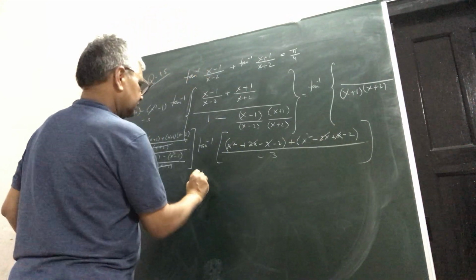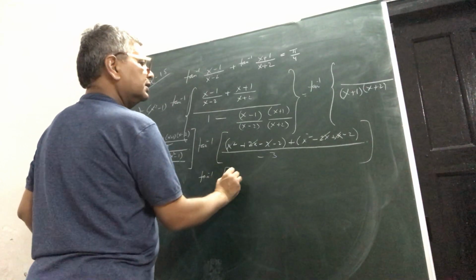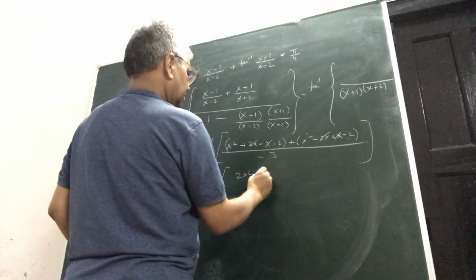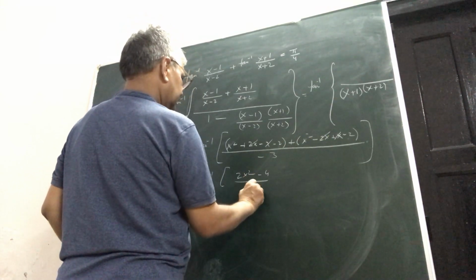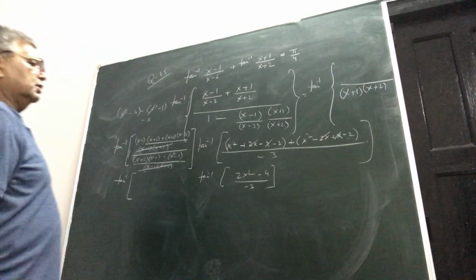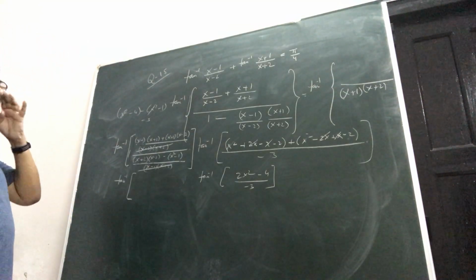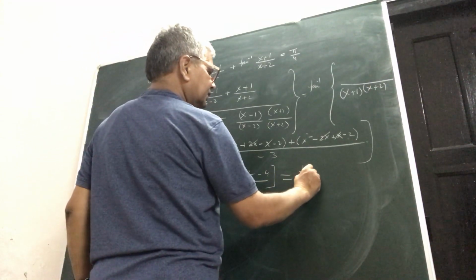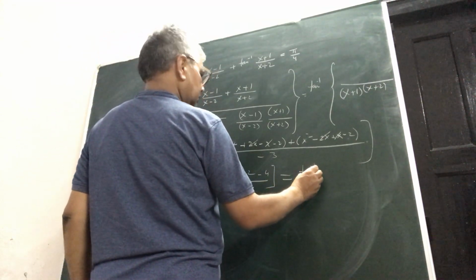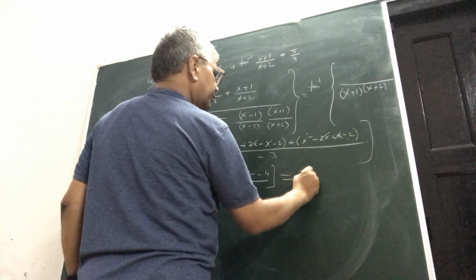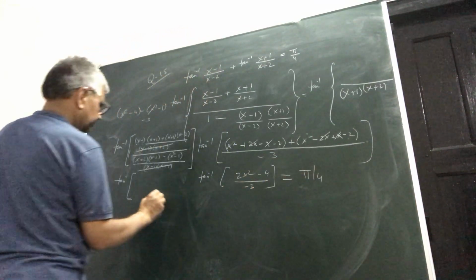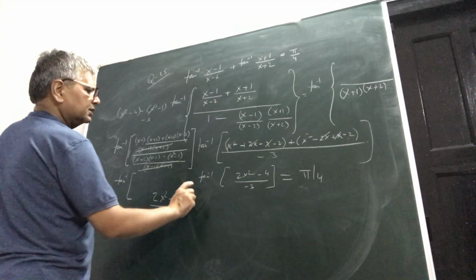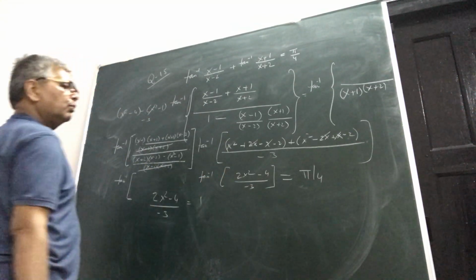So what you are getting is tan inverse of 2x square minus 2 minus 2, minus 4 upon minus 3. This is what you are getting here. So no issue, and this has been given to be pi by 4, so 2x square minus 4 upon minus 3 is equal to tan pi by 4, that is 1.